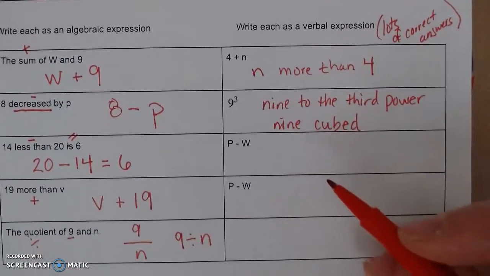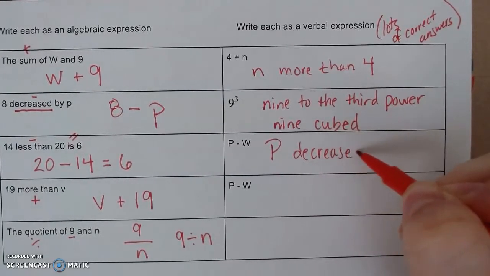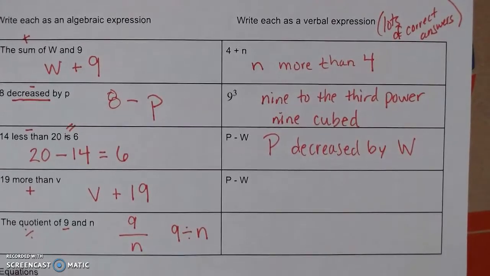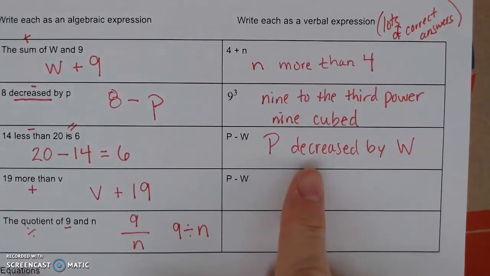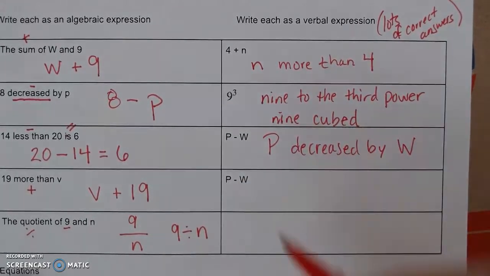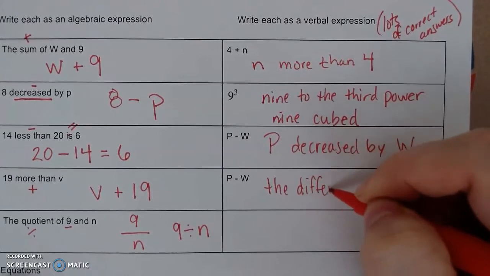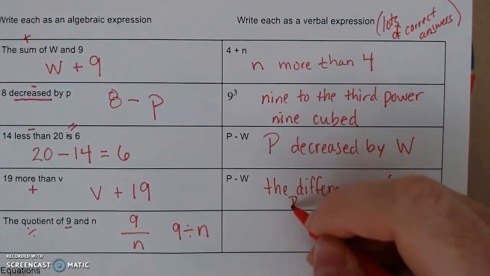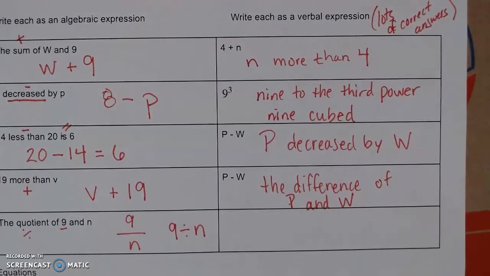So I'm going to say P decreased by W. And then it looks like we have the same question, so I want another statement, but I need it to be different. So I'm going to say the difference of P and W. Difference does not mean to reverse the order either.